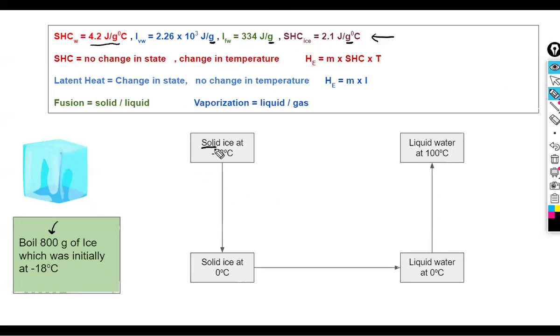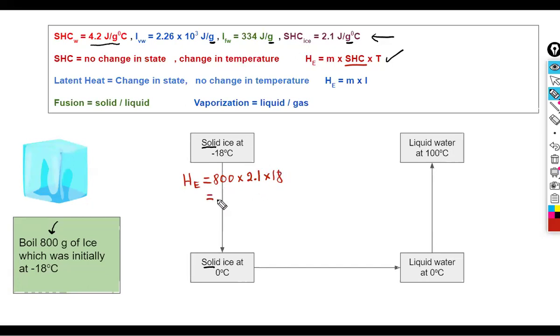So it's going from solid to solid, no change in state. So that's going to be the red formula. So for this portion, the heat energy is the mass. The mass is 800. We can leave it as 800. Specific heat capacity of ice is 2.1, a nice small value. And the change in temperature is 18.